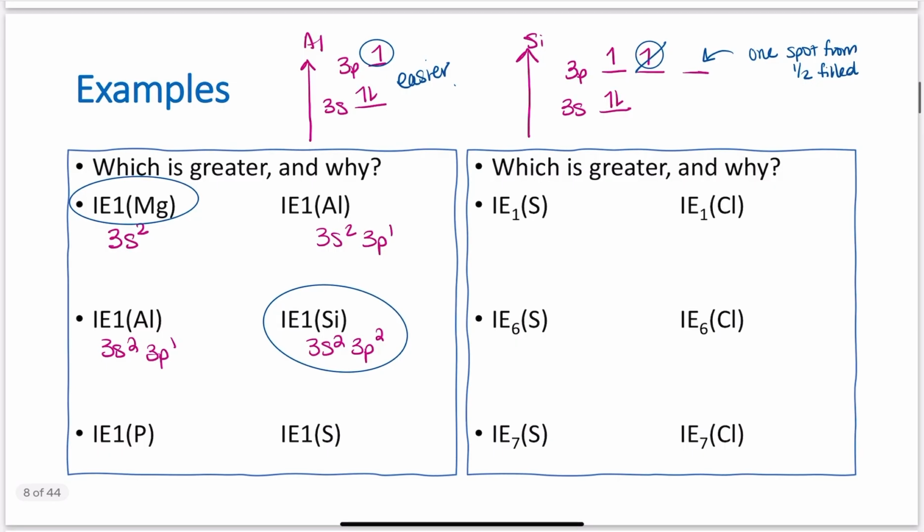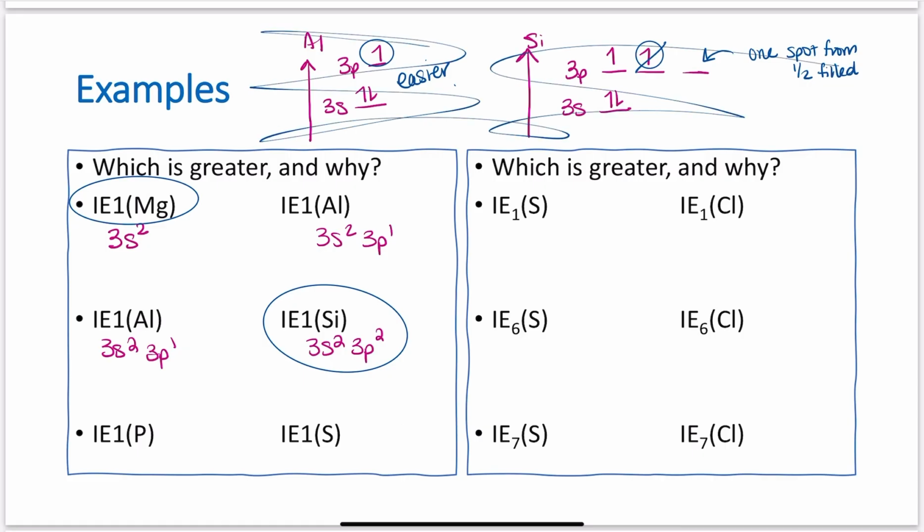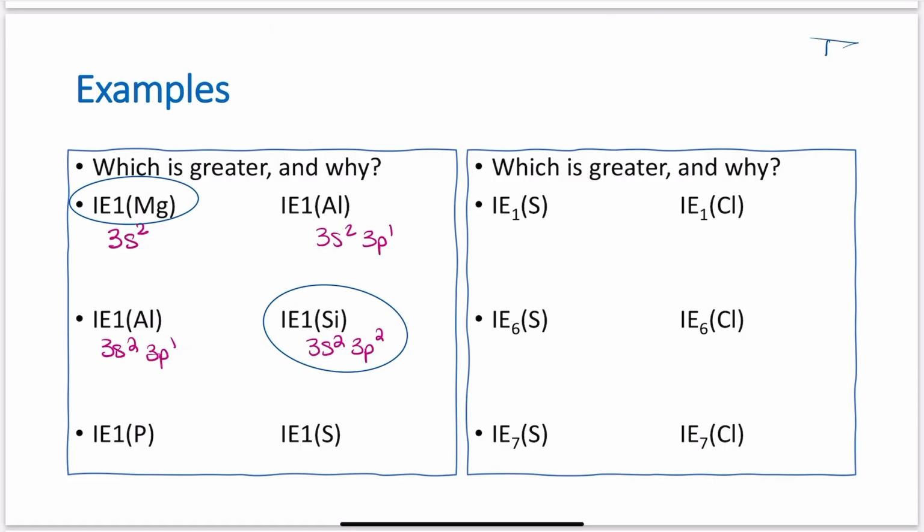What about phosphorus versus sulfur? Phosphorus is 3s2, 3p3, and sulfur is 3s2, 3p4. The reason I'm not doing silicon and phosphorus is because it just follows the general trend.